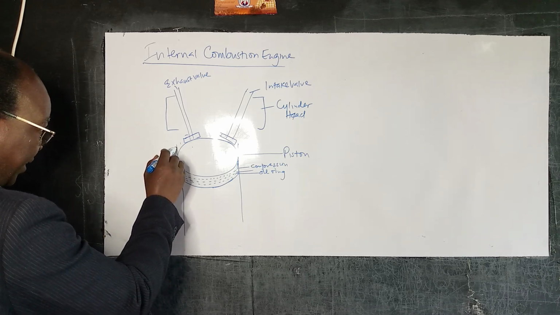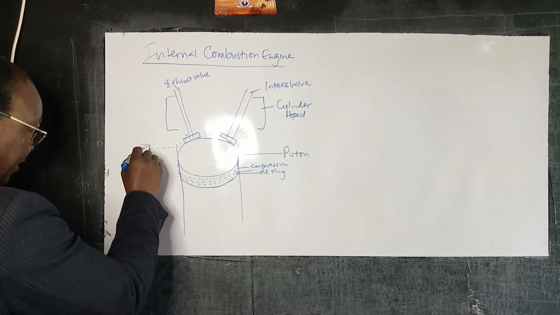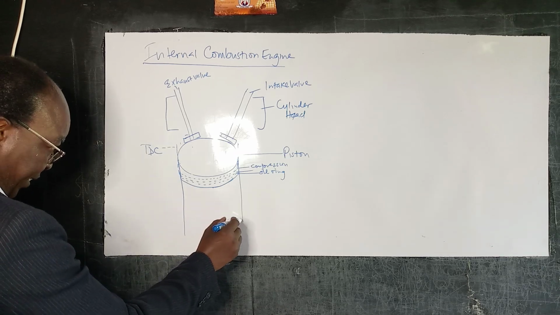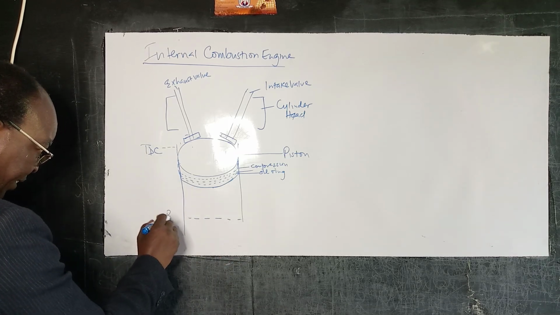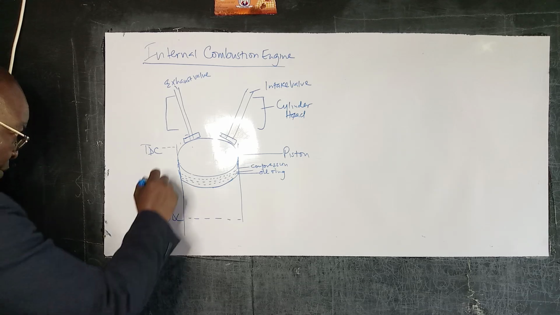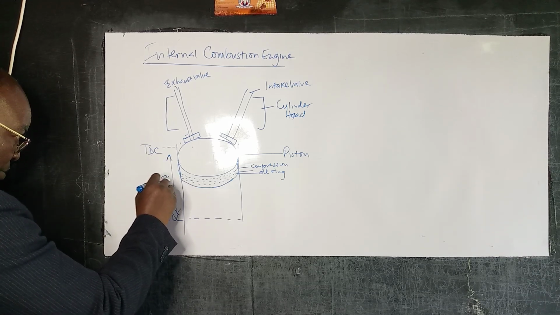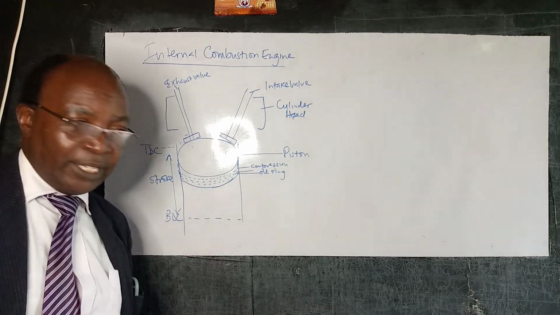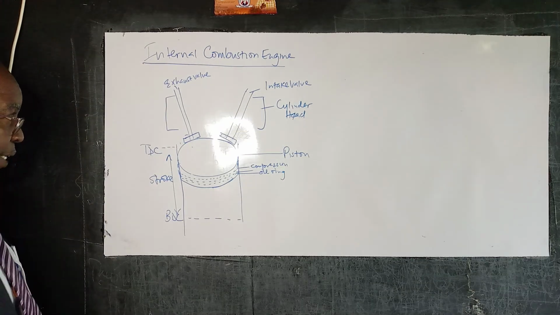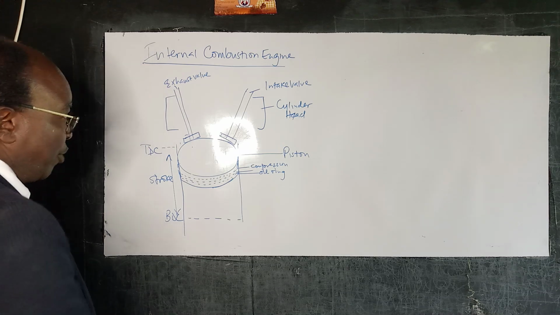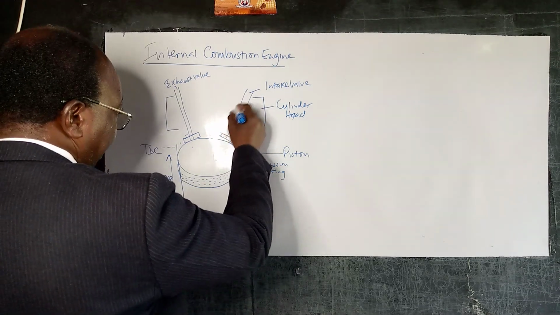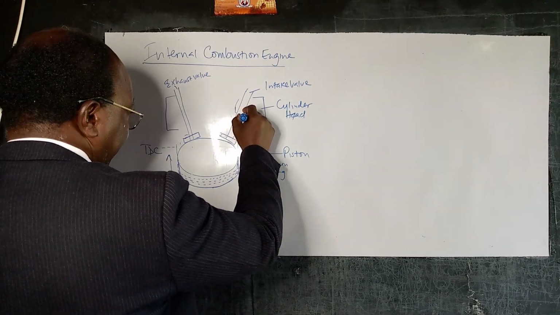Of course, we have our TDC, that's the top dead center. And let's say we have our bottom dead center here. And of course, there's a stroke. We are already familiar with this because we have talked about them quite extensively. And in these particular valves, we have the valve buckets.